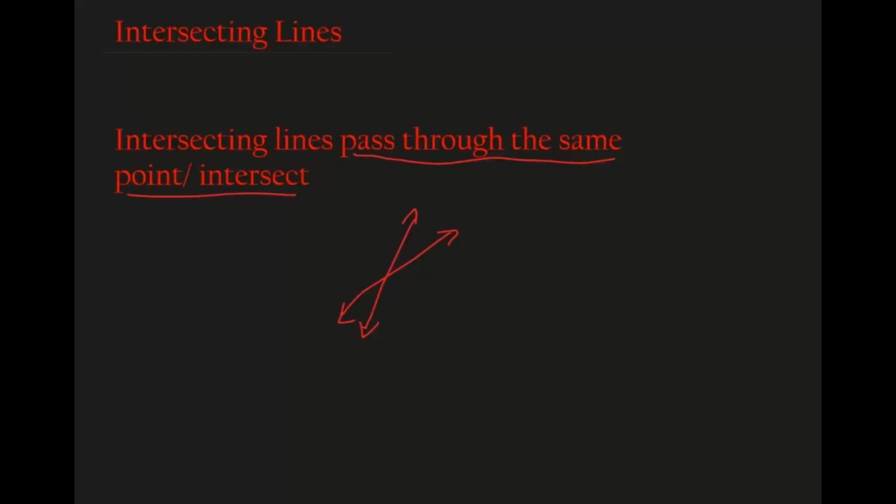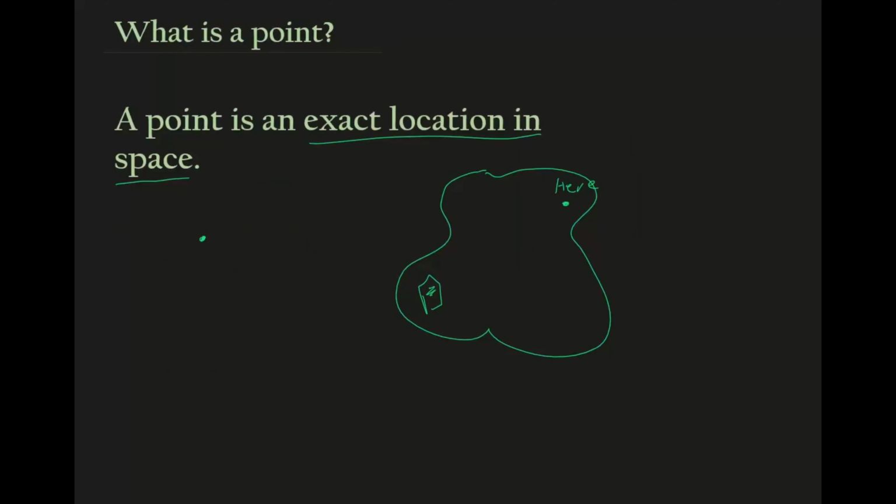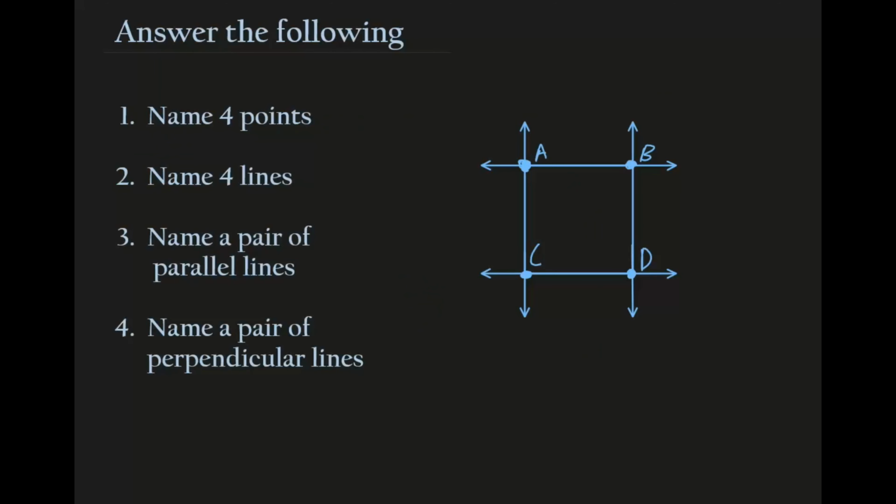Now, let's answer the following. So right here, we have 4 questions. So we're going to name 4 points. If you remember, a point is basically a dot. So we're going to look for dots.